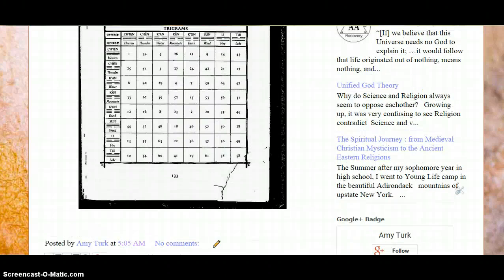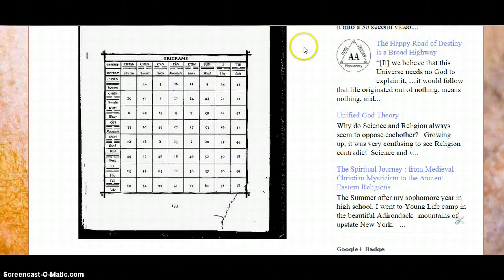So you're going to notice that your 6 lines, you're going to break them into 2 trigrams. The upper trigram, which would be the last 3 that you drew, you'll find on the horizontal axis, and then the lower trigram will be on the vertical axis. Notice it's the same 8 trigrams, and they always go in the same order.